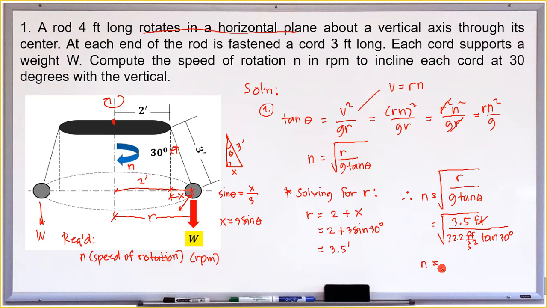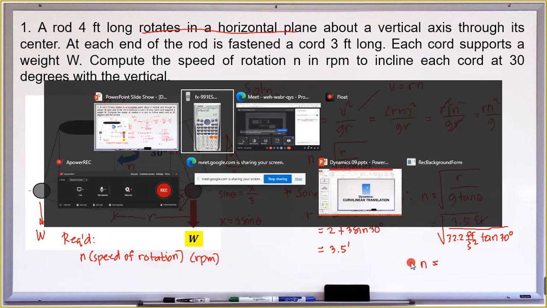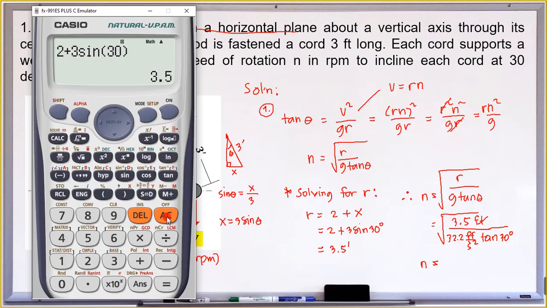The expected answer is per second. So let's solve. We have the square root of 3.5 divided by 32.2 times tangent of 30.